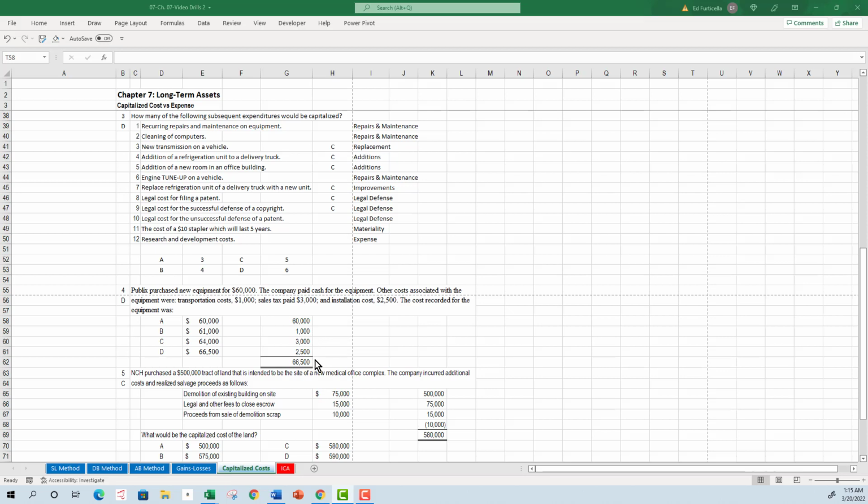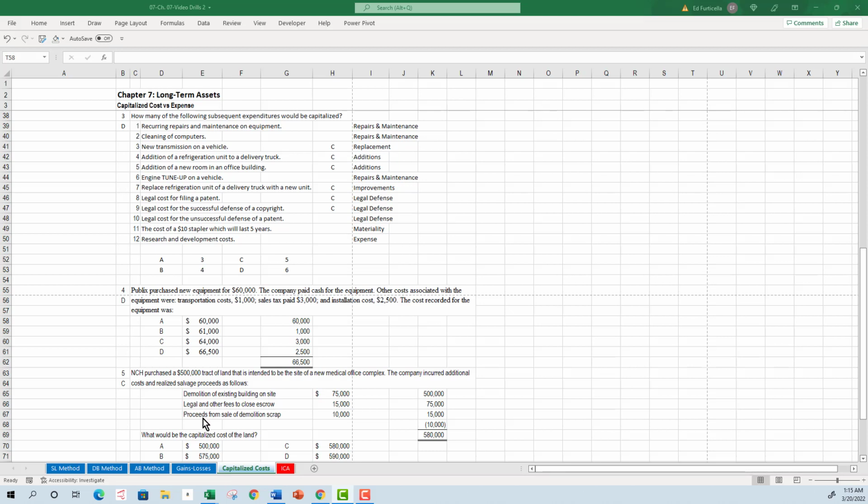In the final question, NCH purchases a tract of land for $500,000. They demolish a building on the old site. There's legal and other fees to close. And there's proceeds from the sale of demolition scrap.